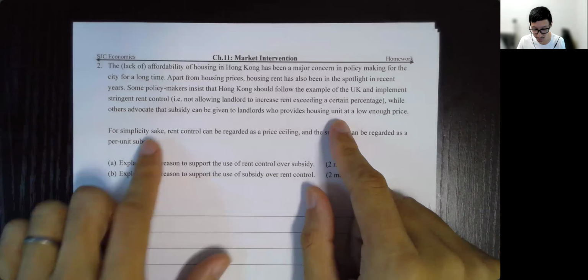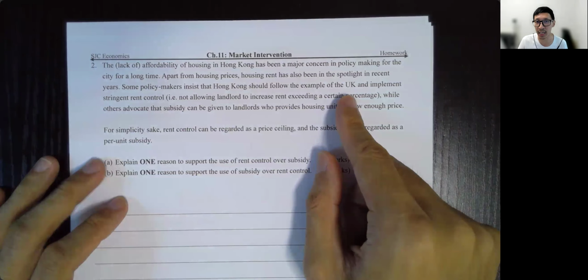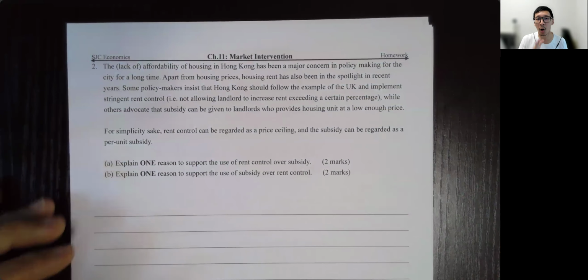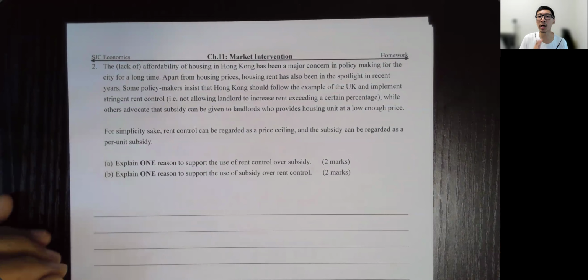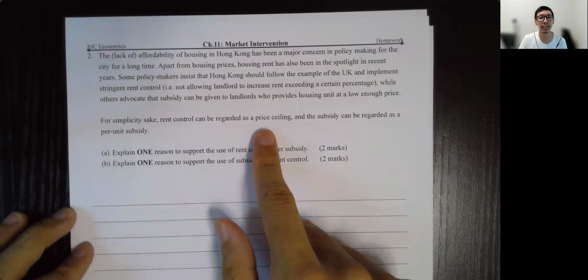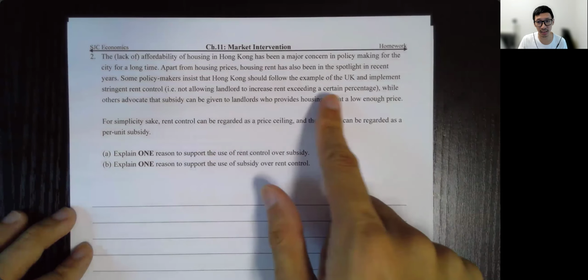Now some policy makers insist that Hong Kong should follow the example of the UK. 原來喺英國咧 there is something we call rent control. Although the rent control is not the same as a price ceiling, okay? But for simplicity's sake, let's regard it as a price ceiling, okay? But in reality, of course, it is not.